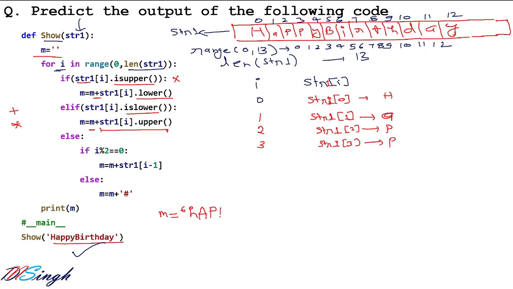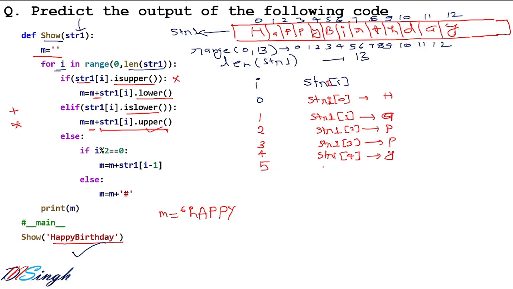Again that will be converted into capital case and added into the string. Then you have 4, str1 of 4. So the value at index 4, what you have? Y. That is also in small case, that will be converted into capital and added into m. As you see here, concatenation is being done after converting it into uppercase.